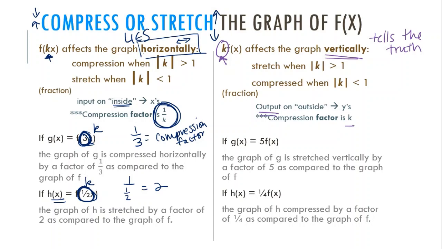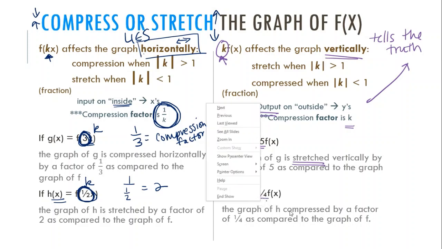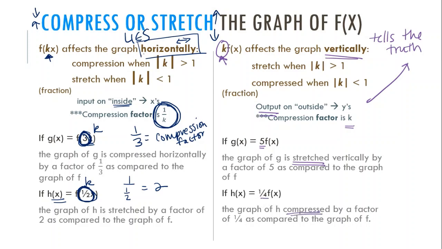The compression factor is in fact k, so it tells the truth. So if I have 5 out front, that really is my factor, and that tells me that I've stretched vertically by a factor of 5. If I have a factor of 1/4 out front, that tells me that I've compressed by a factor of 1/4 compared to my parent function.